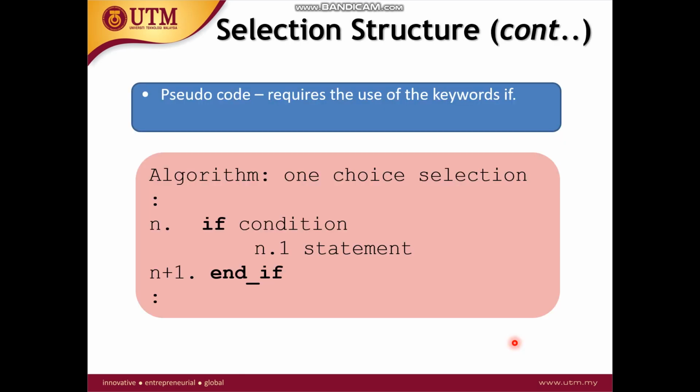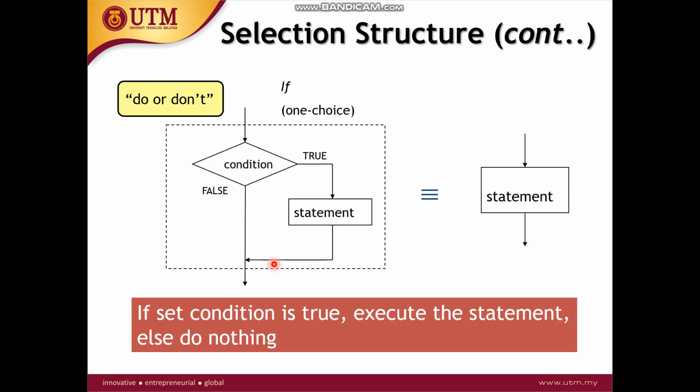The selection structure inside the pseudocode requires an if statement. For example, we are saying if this condition is true, execute this statement, otherwise it doesn't execute this statement. Here we have the flowchart example.